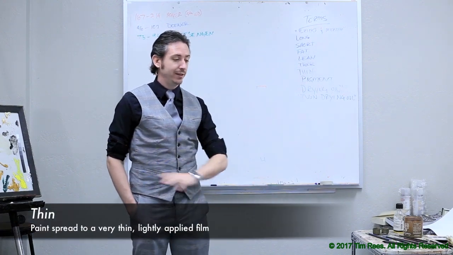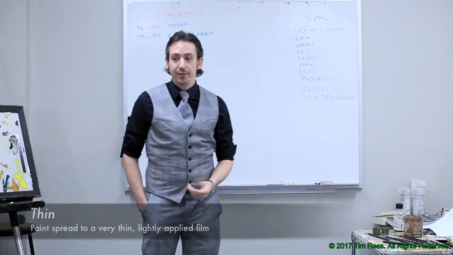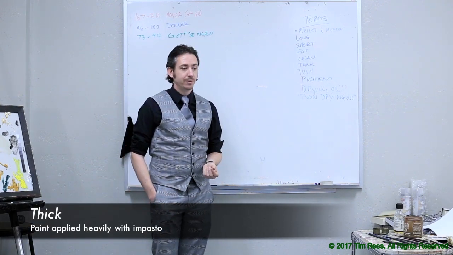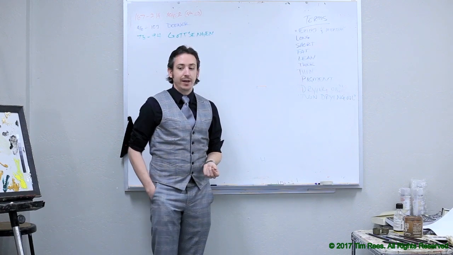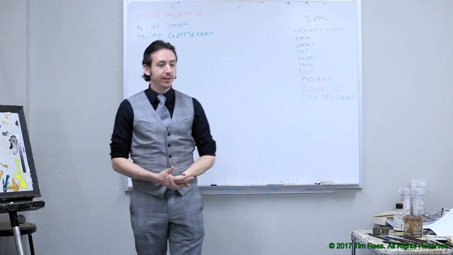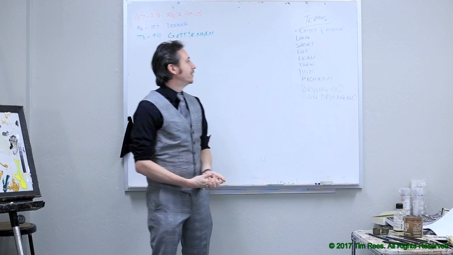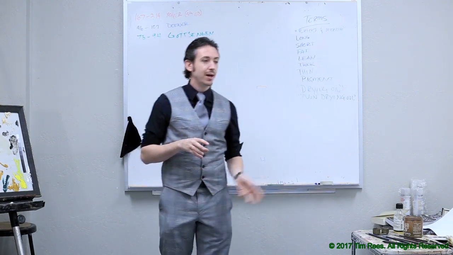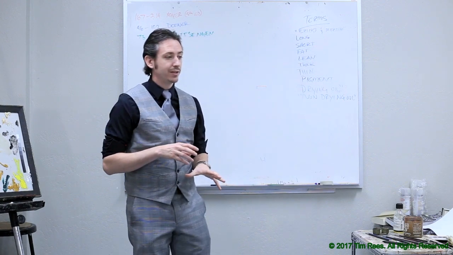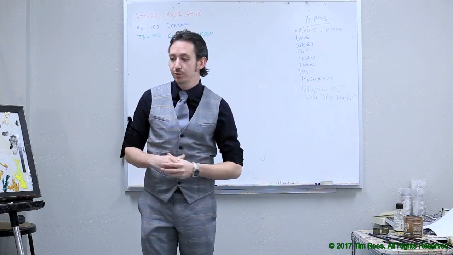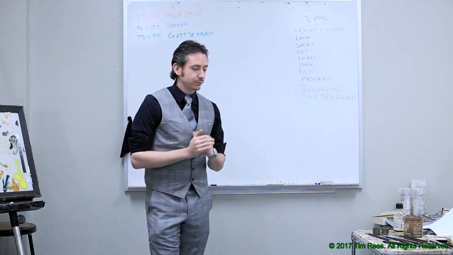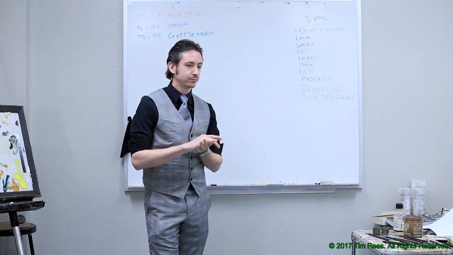Thin being paint that has been spread very thin, thick being paint that is built up topographically or more like an impasto. And again, you would follow the same sort of layering rules as fat over lean, that you want thicker paint for the most part to be on top of thinner paint because of the nature of flexibility that's created in the film. So an example of thin would be like a dry brush?